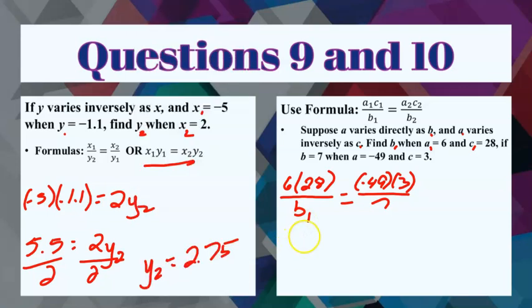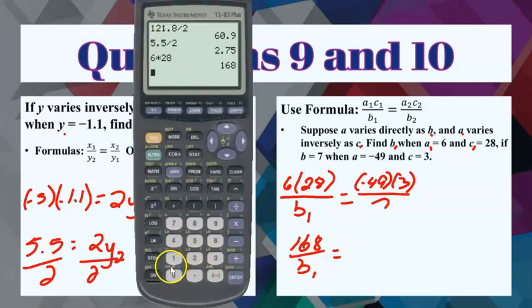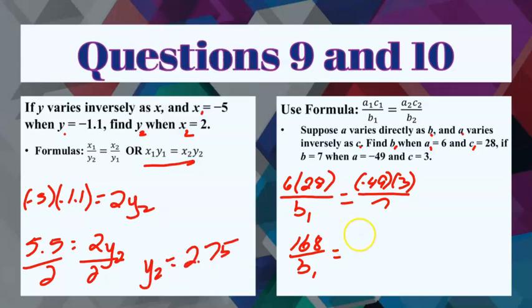So I'm going to write 168 all over b subscript 1. This is going to equal, on this side, -49 times 3 equals -147, divided by 7.